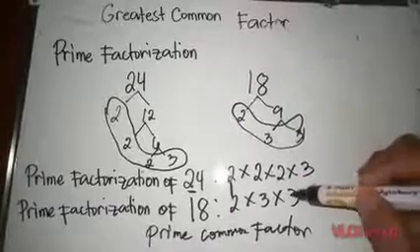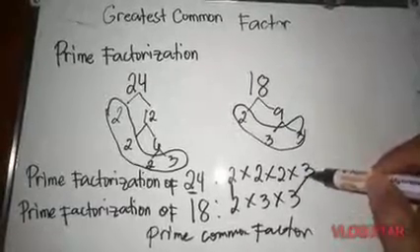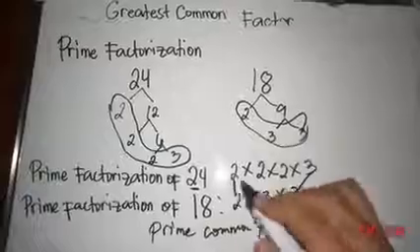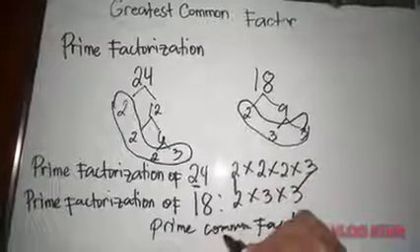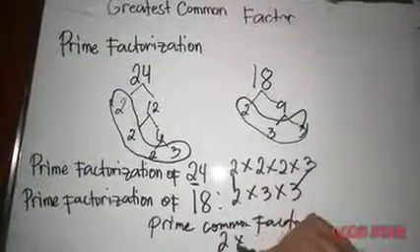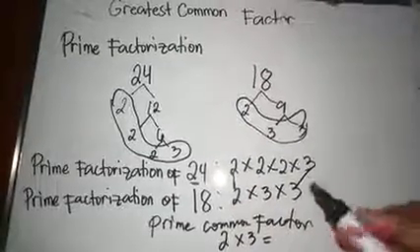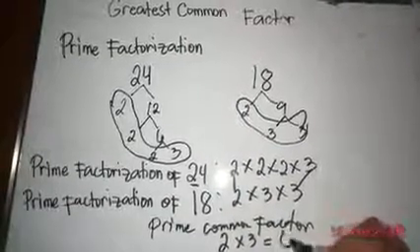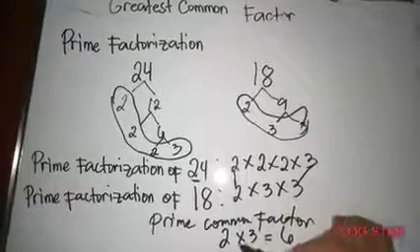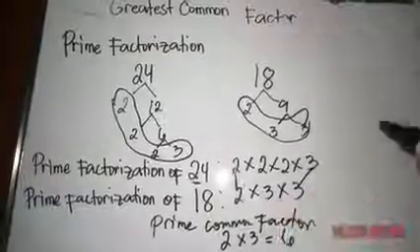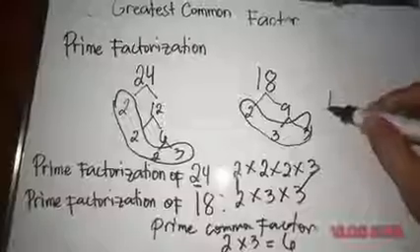Another is 3. So just write the prime common factors, 2 times 3, then the product is the greatest common factor. So the greatest common factor of 24 and 18 is 6.